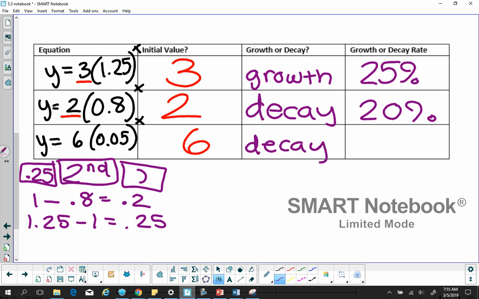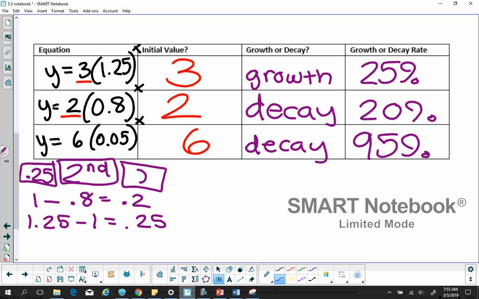By how much? Does anyone get it? 95%. So you would get 0.95 and then you just click these buttons in your calculator to turn it into a percent. So it would be decaying by 95%.